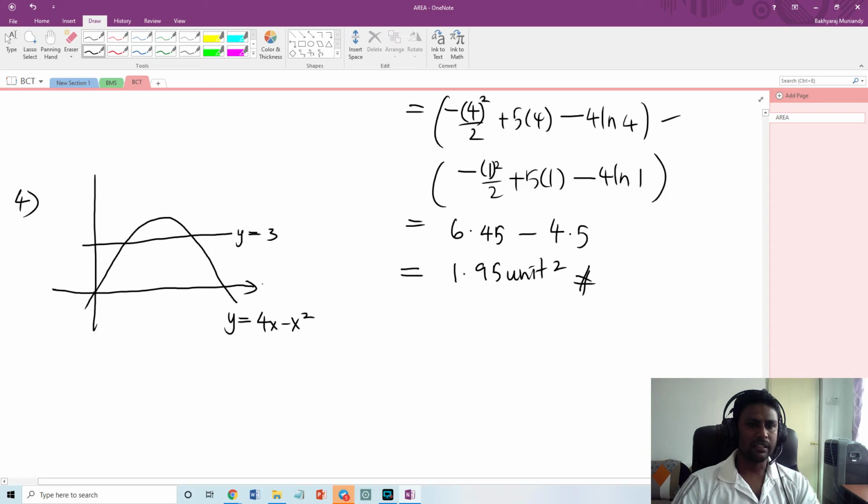So this is the x-axis, y-axis, and my shaded region is here. Okay, how to find this answer? This is my shaded region. How to find this answer?